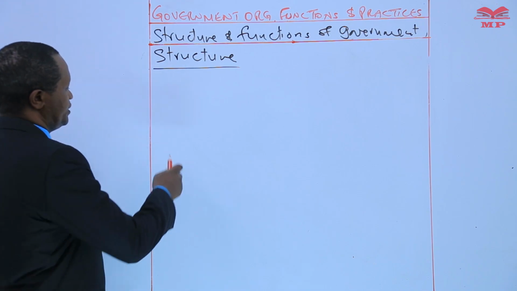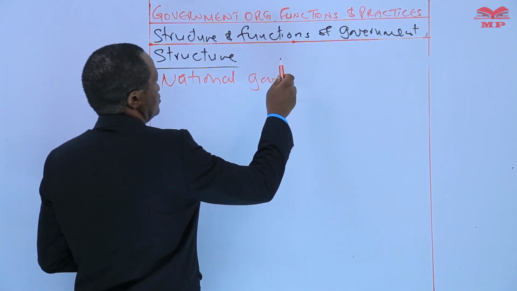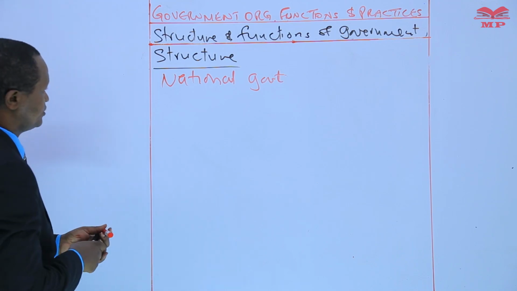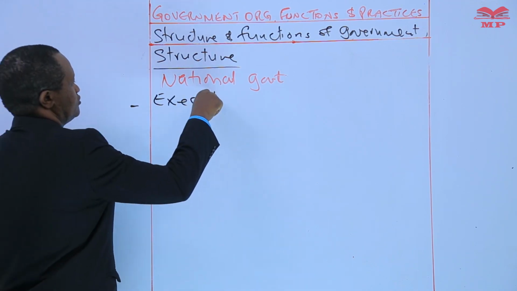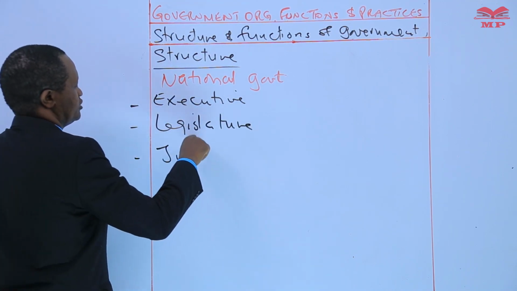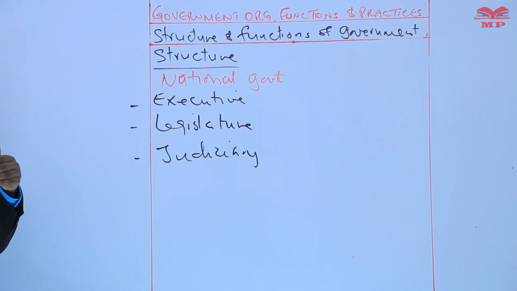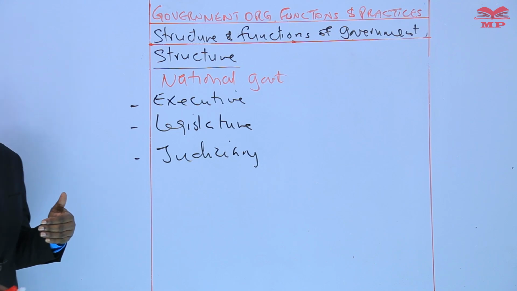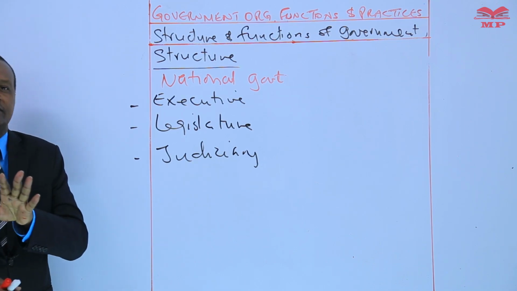So at the national government, we have three main arms, that is executive, legislature, and the judiciary. These are the three main arms or levels of the national government, or branches.